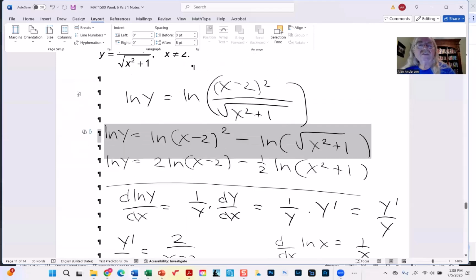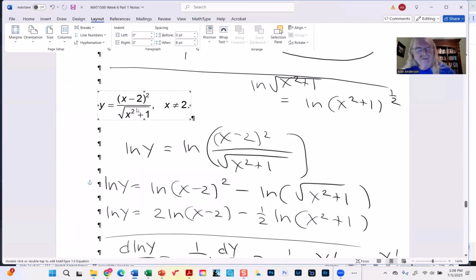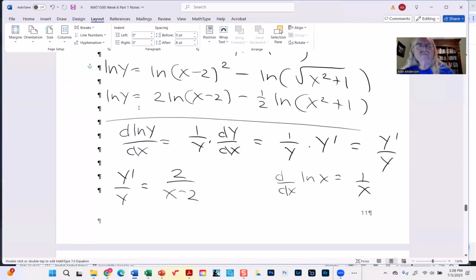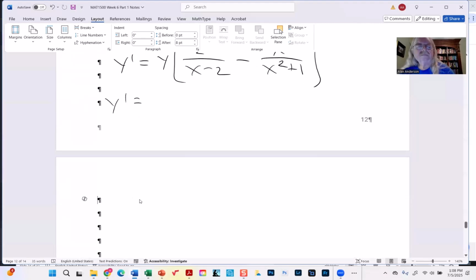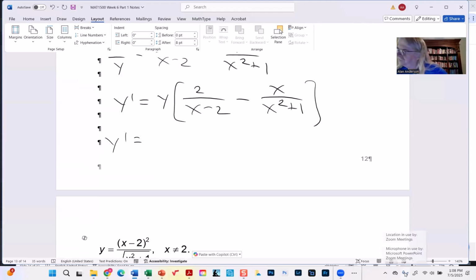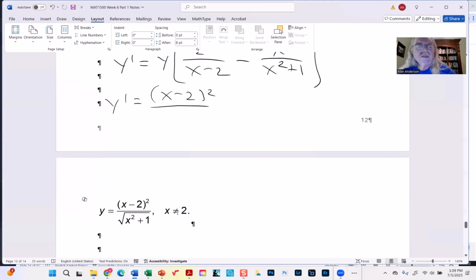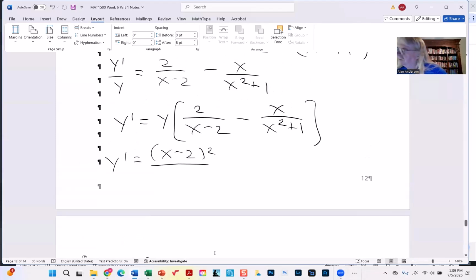Or we could, actually, no, not that one, this one. Okay. So y is equal to (x minus 2) squared over the square root of x squared plus 1.